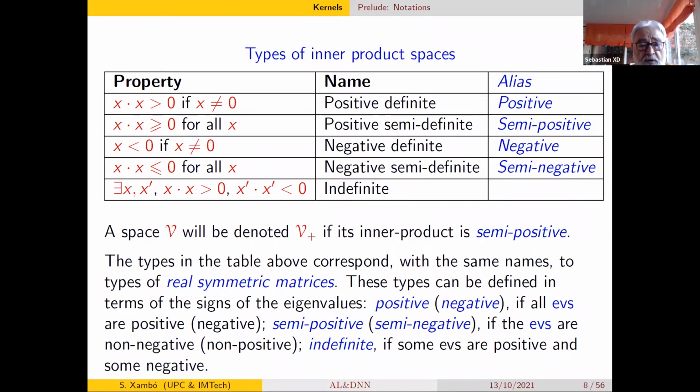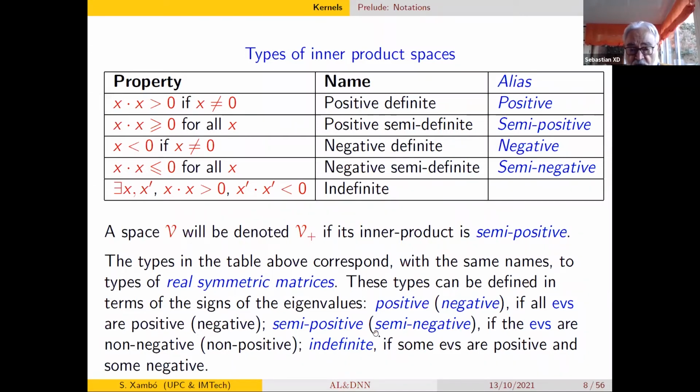A space curly V will be denoted by V sub plus if its inner product is semi-positive. Well, these types in the table correspond, with the same names, to types of real symmetric matrices. These types can be defined in terms of the signs of the eigenvalues of the matrix. The matrix is positive if all eigenvalues are positive, and is negative if all eigenvalues are negative.